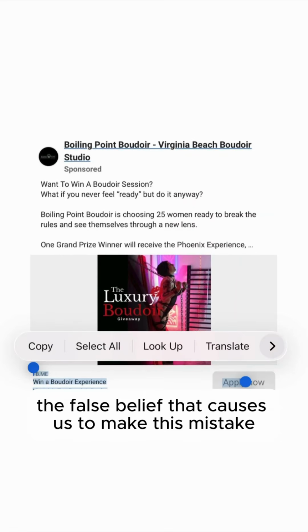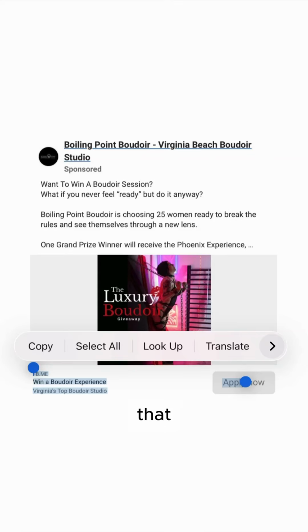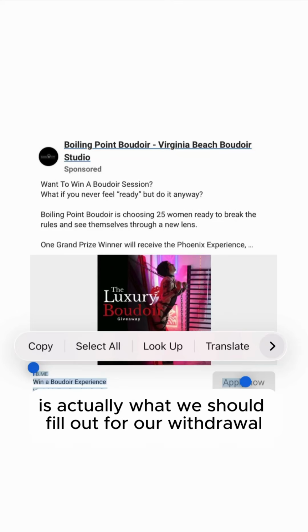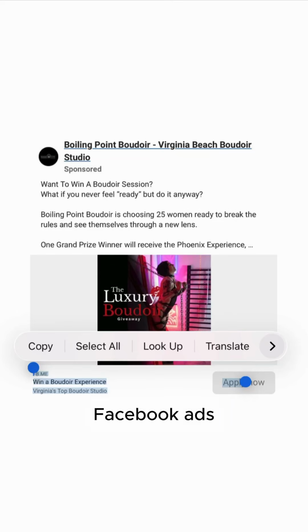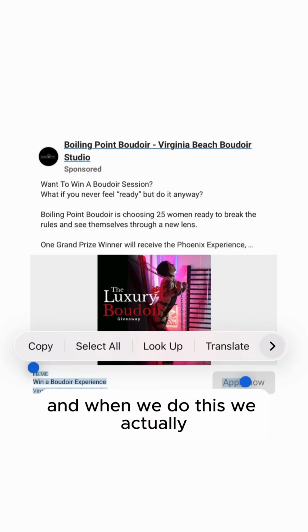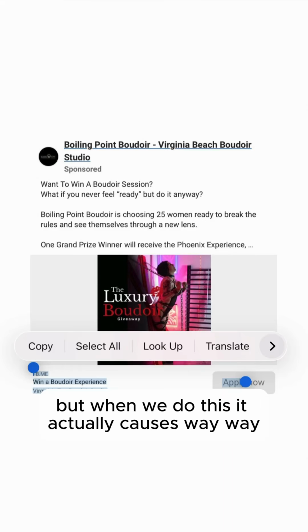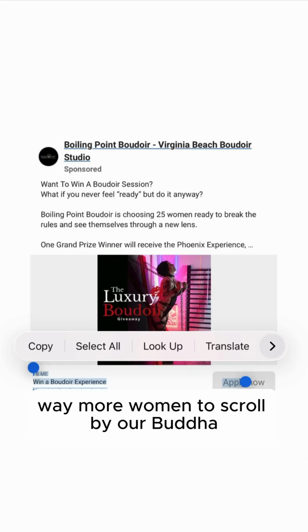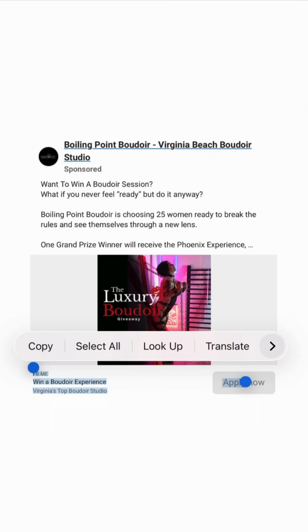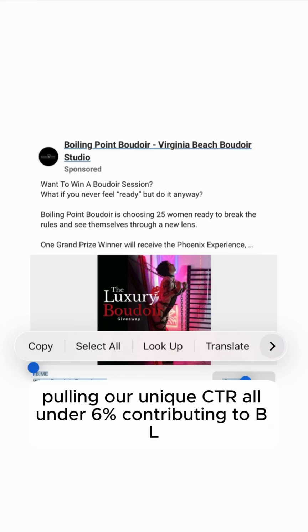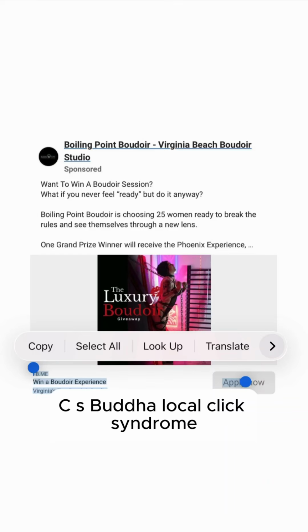The false belief that causes us to make this mistake is that we're trusting what Facebook is telling us to fill out is actually what we should fill out for our Boudoir Facebook ads. But when we do this, it actually causes way more women to scroll by our Boudoir Facebook ads than normal, pulling our unique CTR under 6%, contributing to BLCS, Boudoir low click syndrome.